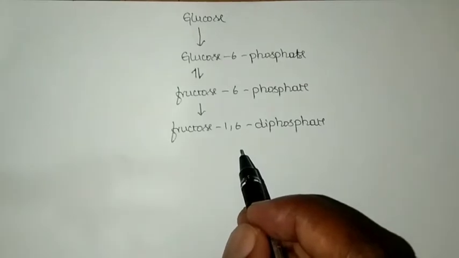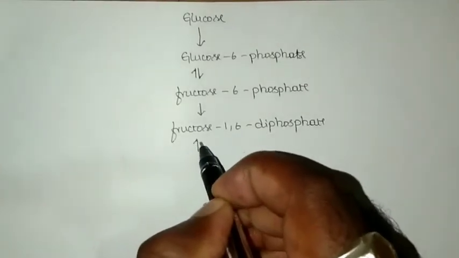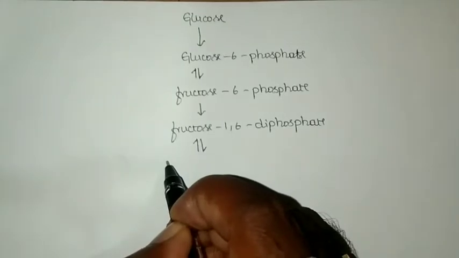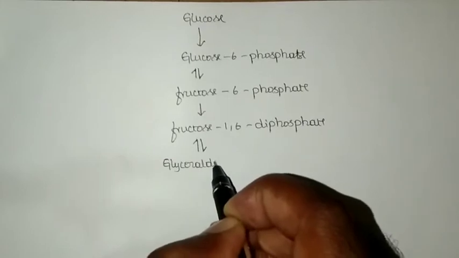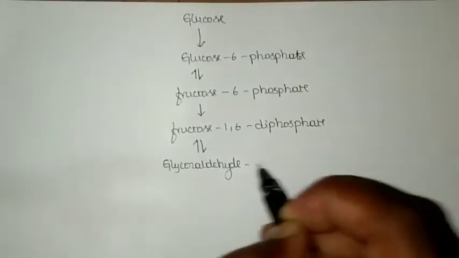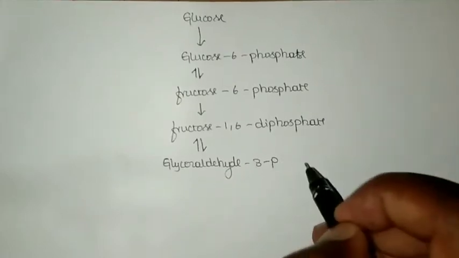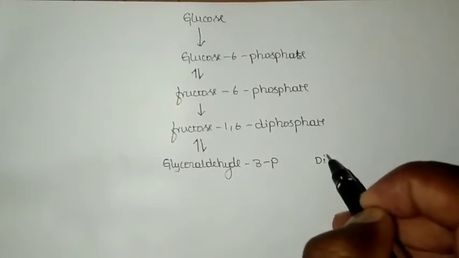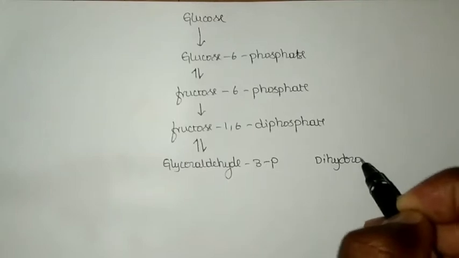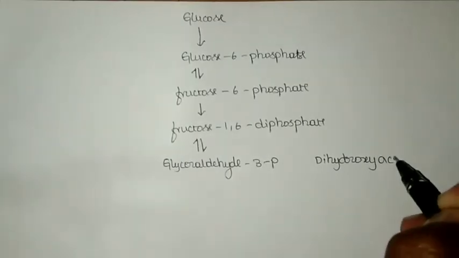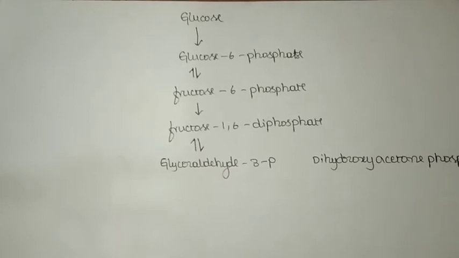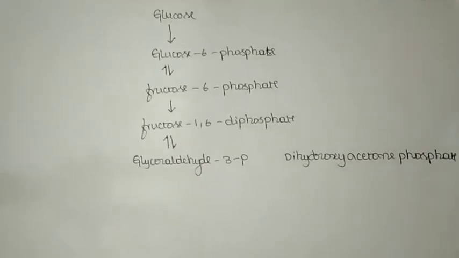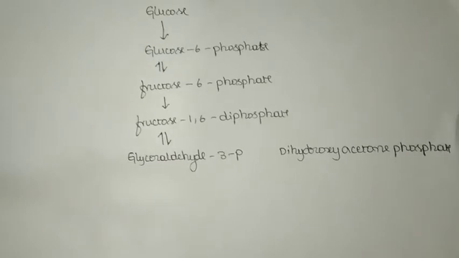And fructose 1,6 diphosphate will get split up so as to produce two components. One is glyceraldehyde 3-phosphate, and one more, dihydroxyacetone phosphate.